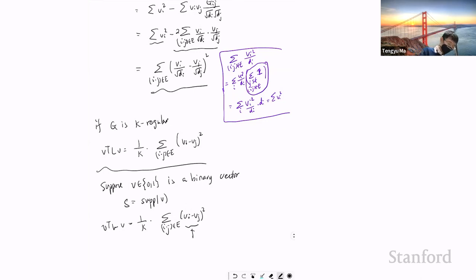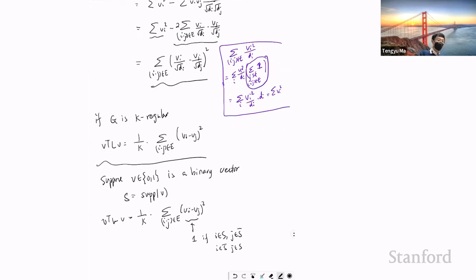So this is only 1 if i is in S and j is in S bar, or i is in S bar and j is in S. So basically this sum is the number of edges between S and S bar, because only when ij is an edge across the groups is (V_i minus V_j) squared equal to 1. Otherwise, it's equal to 0. So this is why it's 1 over kappa times the number of edges across S and S bar. So the quadratic form connects to the number of edges across the two groups.